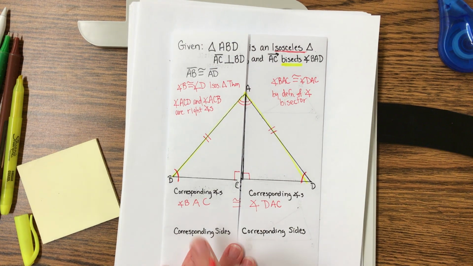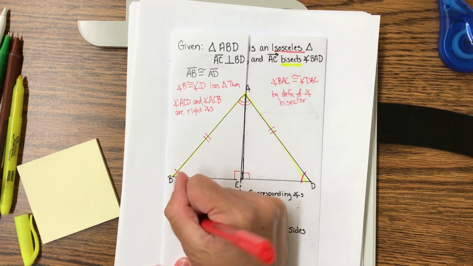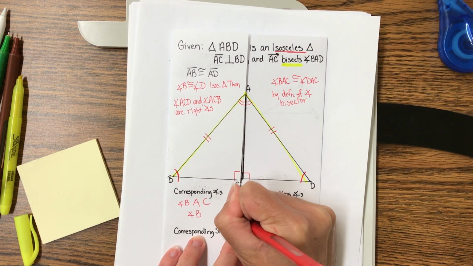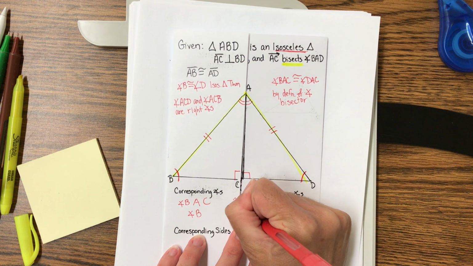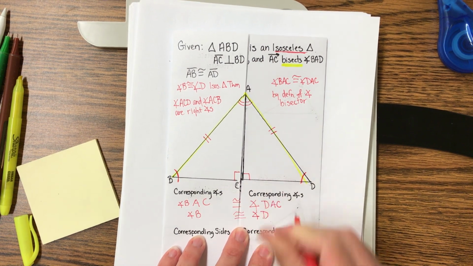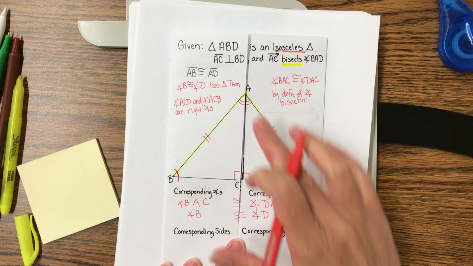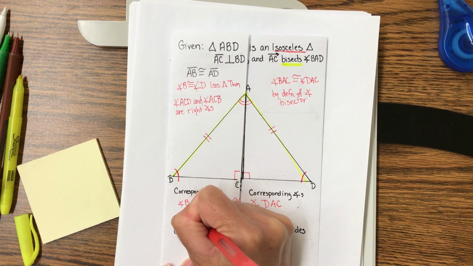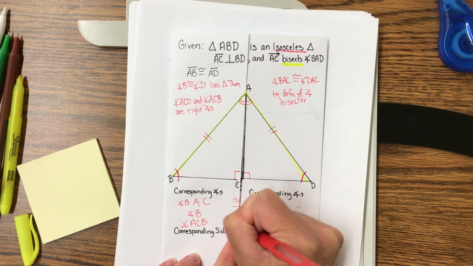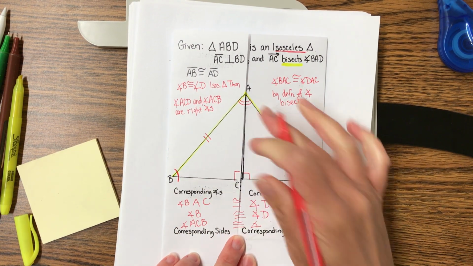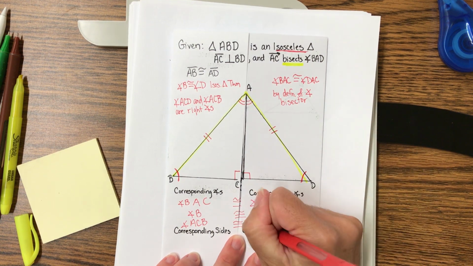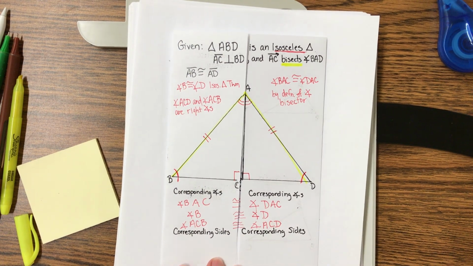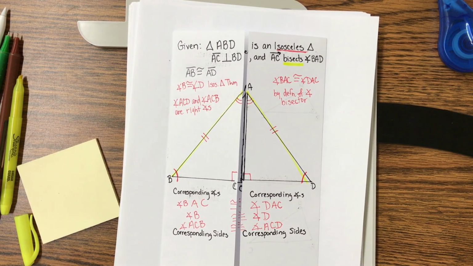Then the next thing is angle B is corresponding and congruent to angle D. And then the last angle is our right angles, so angle ACB is corresponding and congruent to angle ACD. So there are our three corresponding mapping angles.